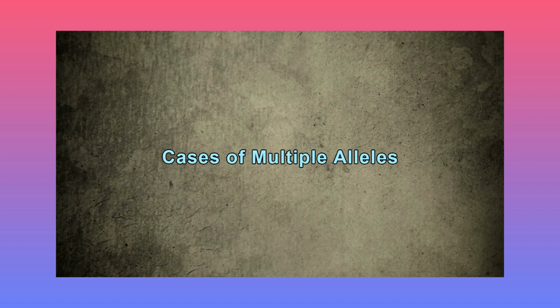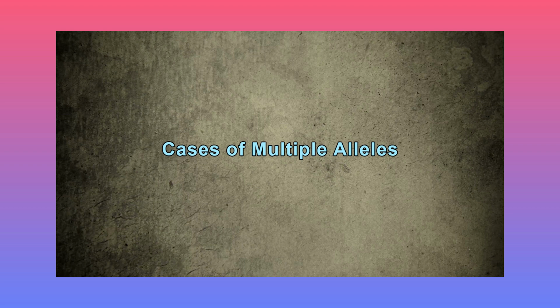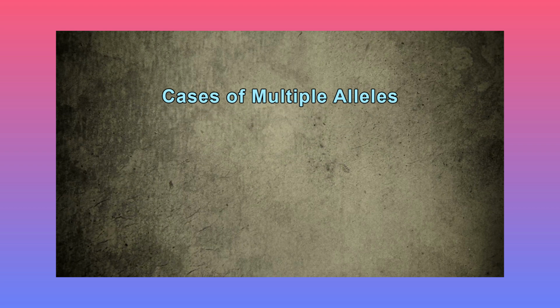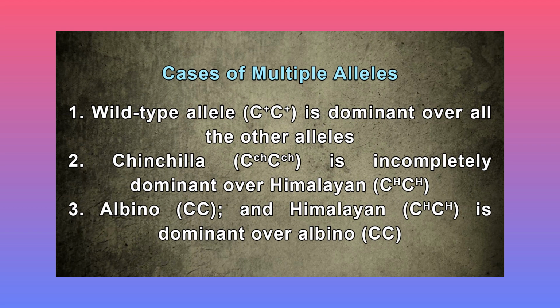So in cases of multiple alleles, dominance hierarchies can exist. In this case, the wild type allele, that is C plus, is dominant over all other alleles. Chinchilla, that is C^ch genotype, is incompletely dominant over Himalayan, C^h genotype.